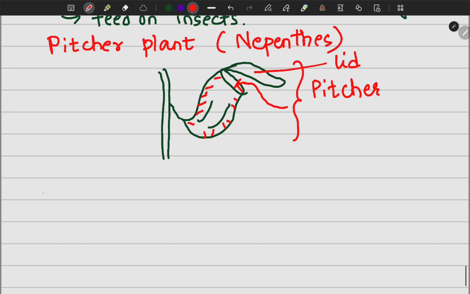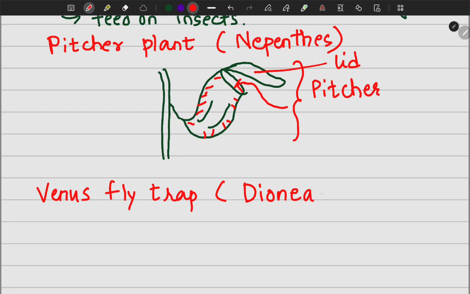The other examples are Venus flytrap, Dionaea. The leaves of the Dionaea look somewhat like this.